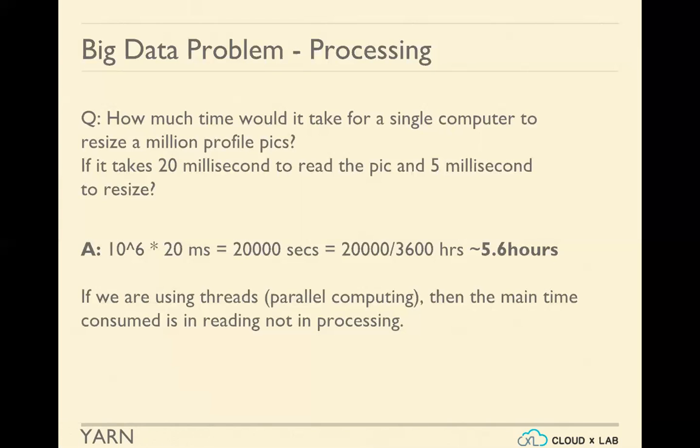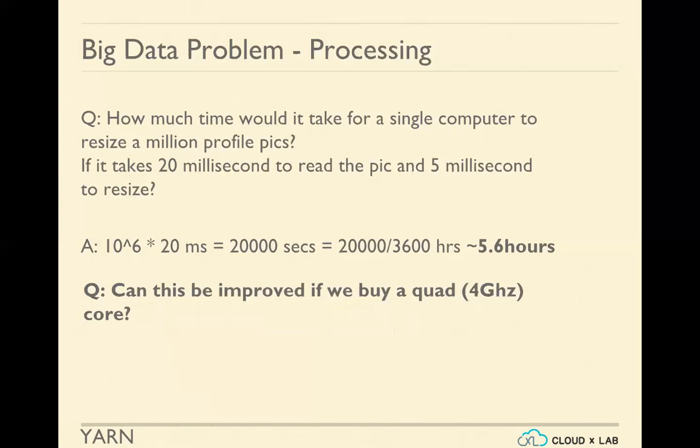And you'll be amazed at the speed of your laptop if you remove the hard disk and put in a solid state drive. Suddenly, your computer will become faster, okay? So now, my next question to all of you is, can this be improved if we buy a multi-core computer? Can we improve this processing if we buy a really fast processor?